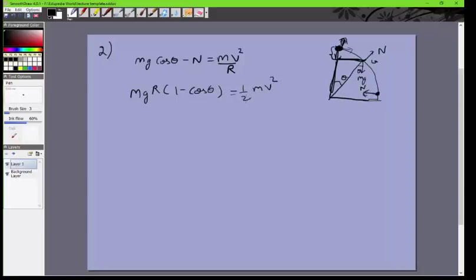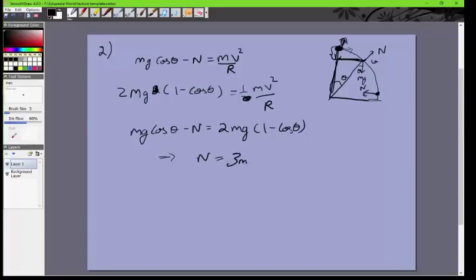So if you put this in this equation, you take 2 to the other side and you take r to this side, you get mv squared by r is 2mg times (1 minus cos theta). So mg cos theta minus N is equal to 2mg times (1 minus cos theta), which gives us N is equal to 3 mg cos theta minus 2 mg.